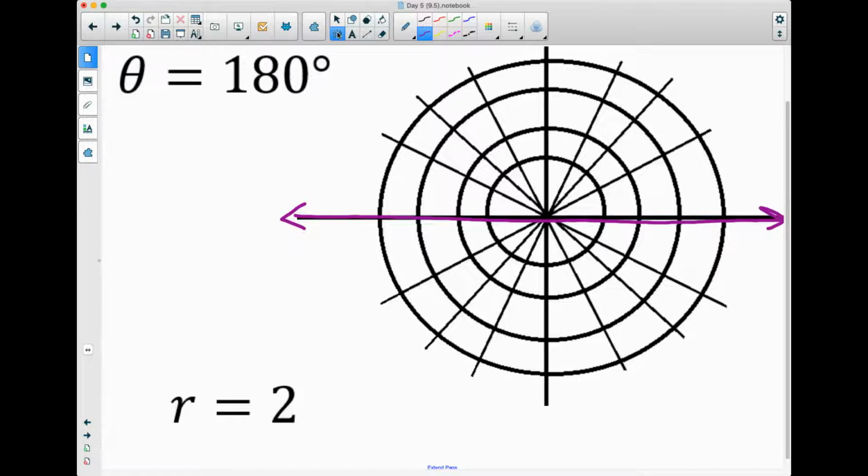And then if I asked you to graph r equals 2, we would just go to the second ring and draw a circle. Just as much if I asked you to draw 45 degrees, you would just draw a straight line going through that way. Okay. So you're just following along those lines and graphing them. And like I said, there's a reason why I'm showing you this before we convert between the two.